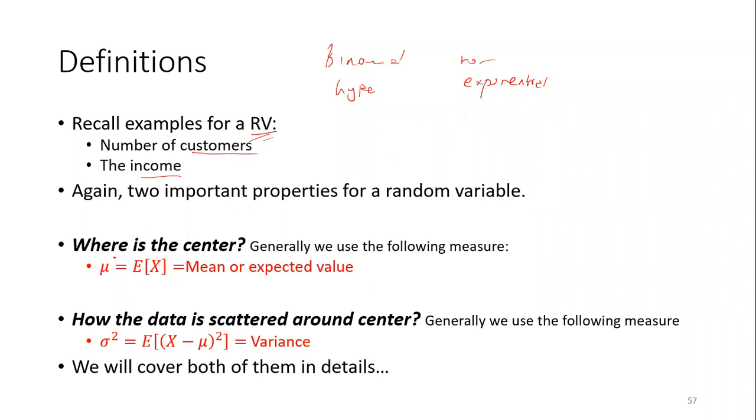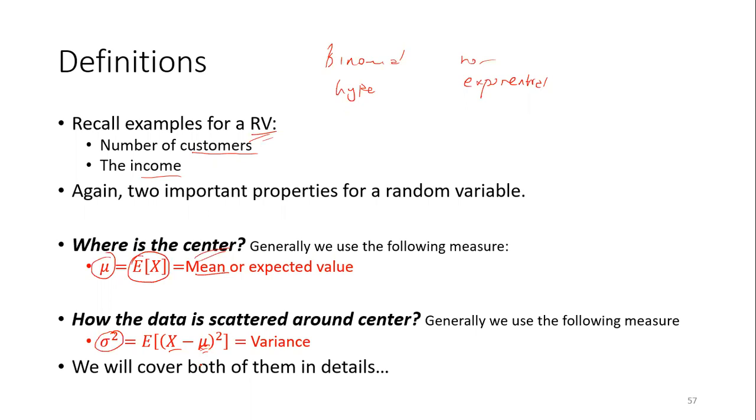Again, there are two important measures for random variables. First one is mu, the mean of the random variable, which is denoted by E(X), the expected value of X. The other one is sigma squared, the variance, which is the expected value of (X minus mu) squared. This is the center of the data, and this is how the data is scattered around the center.